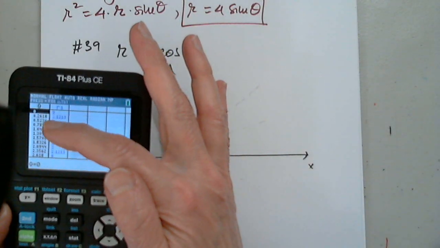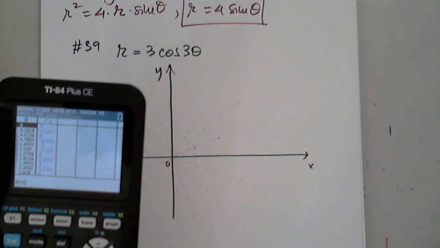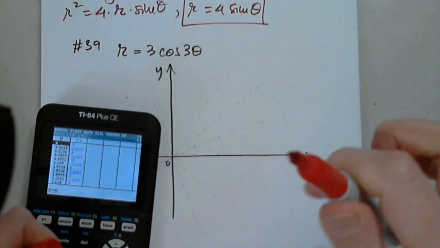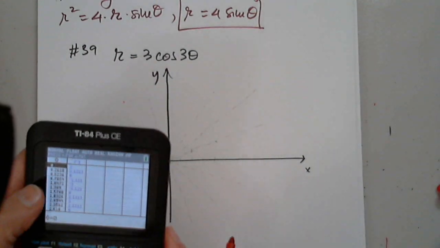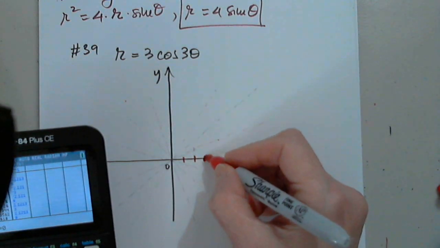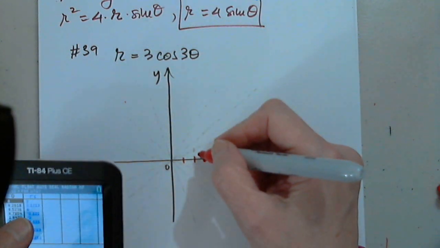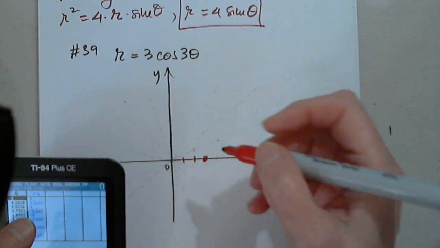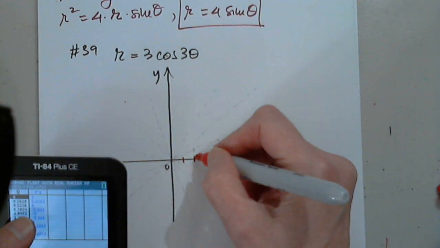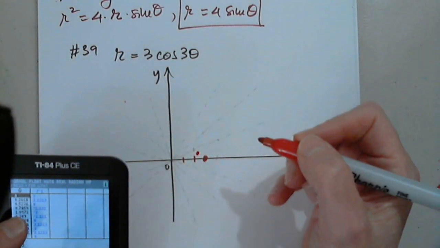And now I want to do the second table. I want the calculator to have all these values; otherwise, I have to enter them by hand, one by one. So let's start. The first one says when theta is 0, r is 3. Okay, 1, 2, 3, right here. Then at 15 degrees, r is 2.1, so it's right here. So on the ray of 15 degrees, r is 2.1.